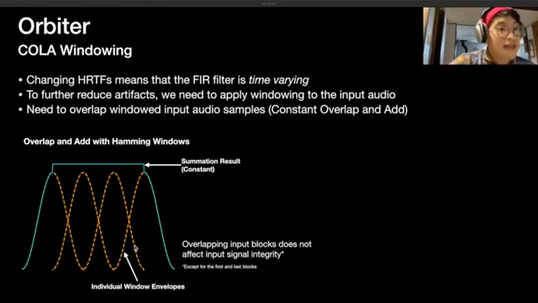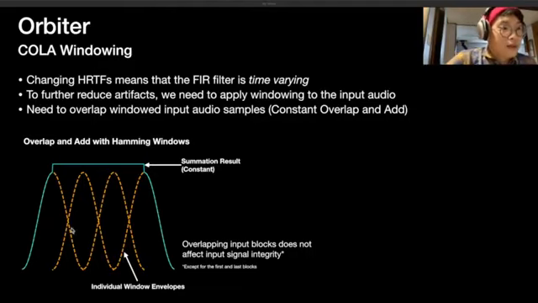And so I have this succession of Hamming windows, which when you sum them together, you get a constant. Now the constant doesn't necessarily have to be 1. It just has to be a constant. That basically just means that you apply a gain or some constant attenuation to the input signal.